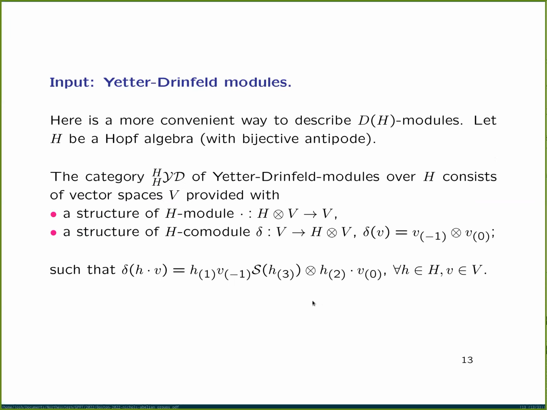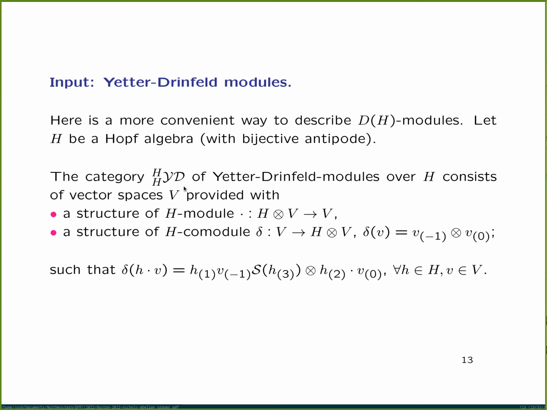Okay. Now, I did not give the specific definition of D(H) because I only need to consider the representations of D(H), and this is better explained through the notion of Yetter-Drinfeld module. So, given a Hopf algebra H, a Yetter-Drinfeld module consists of a vector space with two structures.